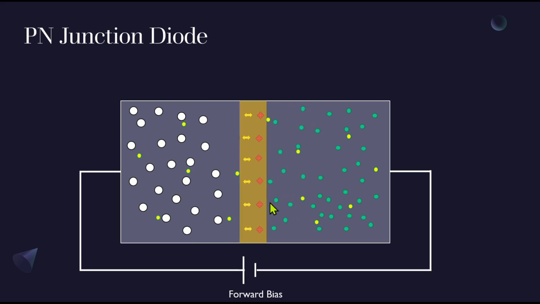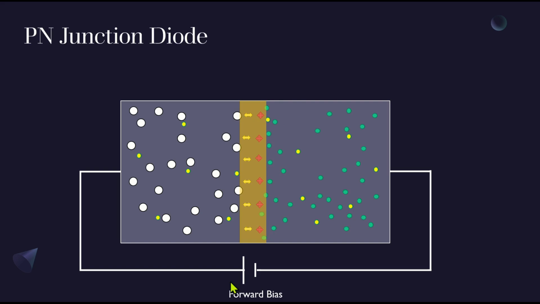Now considering the second option, where the holes are connected to the positive terminal and the electrons are connected to the negative terminal, all the holes and the electrons will face a repulsive force, and they will try to move towards the depletion layer, as you can see here.